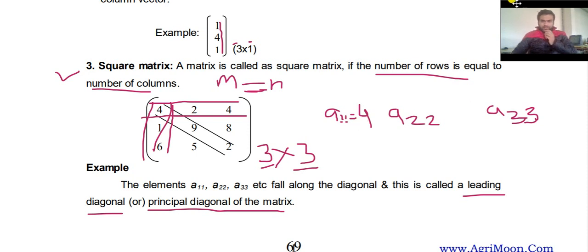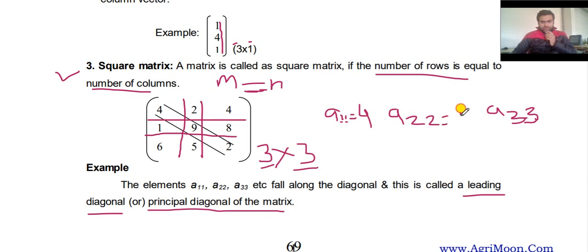Similarly, A22 means the element which is at the second row and second column. This is your second row and this is your second column. What is the number that comes in the rectangle? That is 9. So the value of A22 is 9.